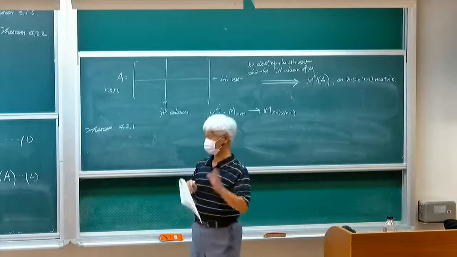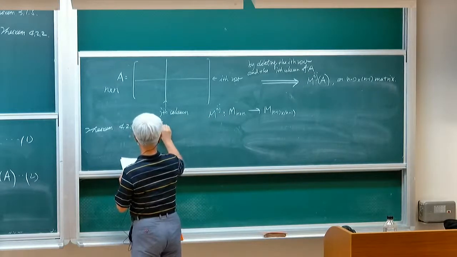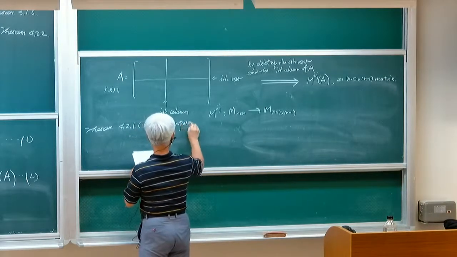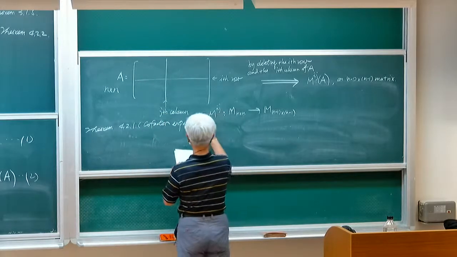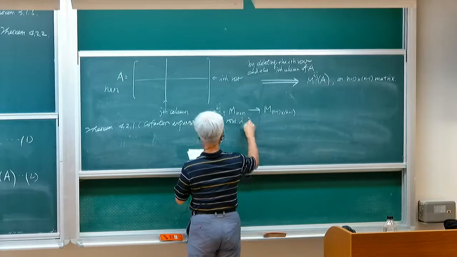This is called the cofactor expansion. I will explain what a cofactor is using row i.